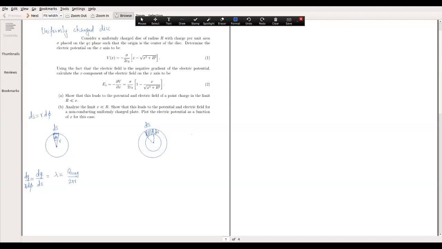Again, use the same idea. Now we have uniform charge density, but now it is charge per unit area. So if the total charge on the disk is q, so this is q of the disk now, divided by the area of the disk, if the total radius is R, so that's pi R squared.